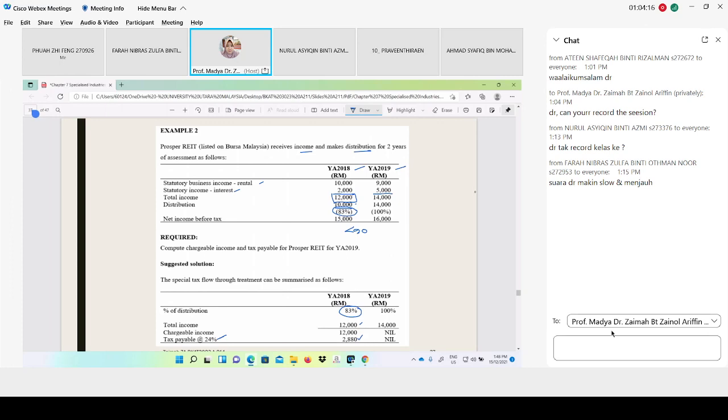Whereas in 2019, they distribute all amount of total income to the unit holder. So the percentage now is 100%. When 100%, the total amount of 14,000 here will be exempted from tax. The amount of chargeable income is nil, and also no tax liability for this year, that is 2019.